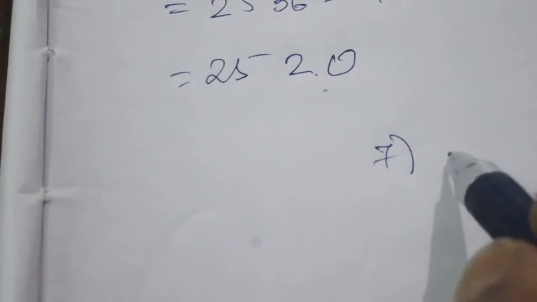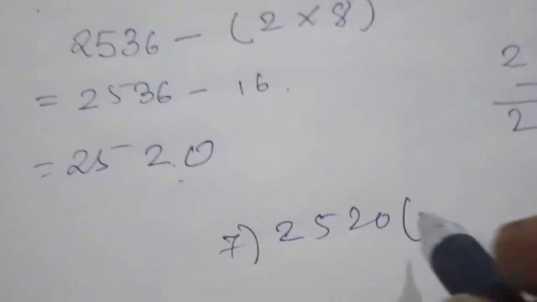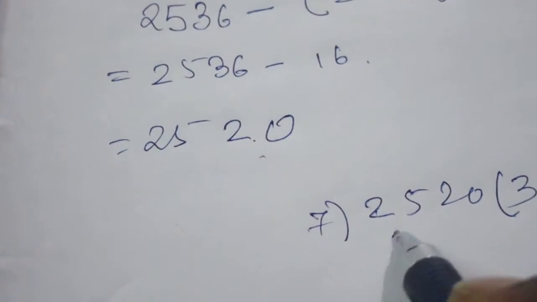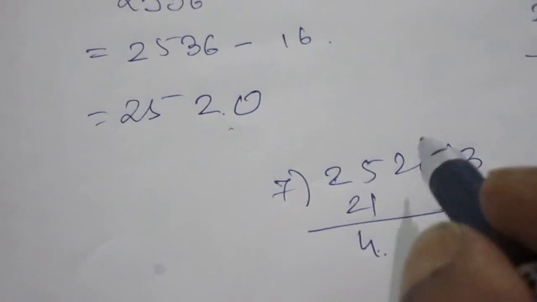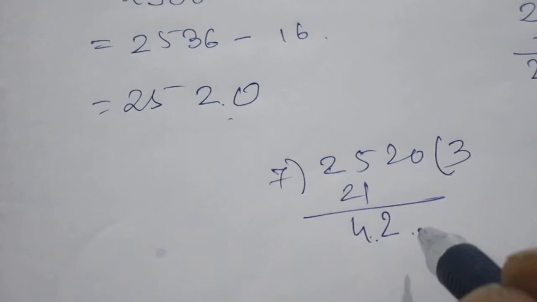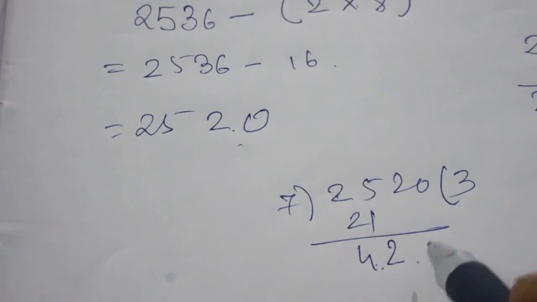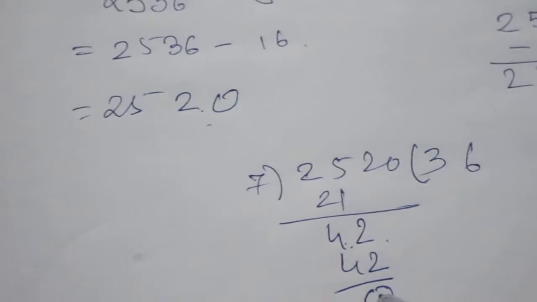So let's check 2520. 7 3 is 21. So what is the remainder? What is the difference? 4. Now bring down 5. 7 5 is 35. 7 6 is 42. So here the difference is 0.